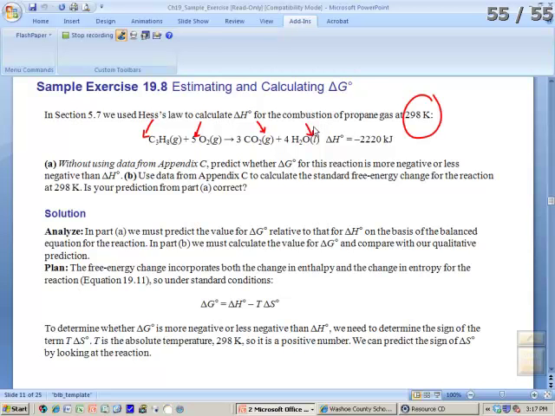Obviously you can use your book to read on, but we need to make sure that you understand where we're getting this from. It says, we see that the reactants consist of 6 moles of gas, and the products consist of 3 molecules of gas and 4 molecules of liquid. The number of molecules of gas has decreased a lot.